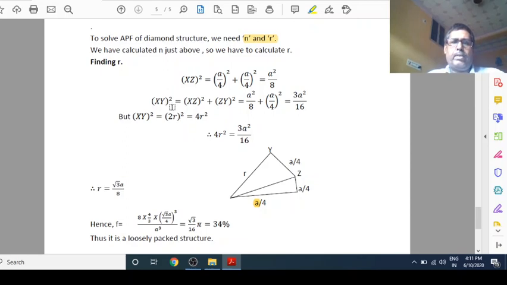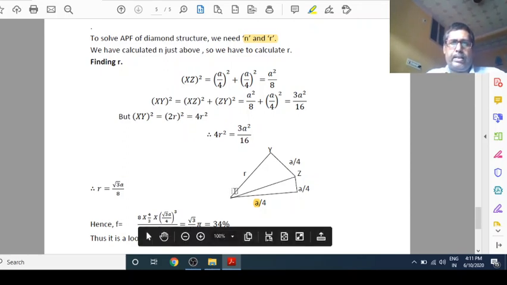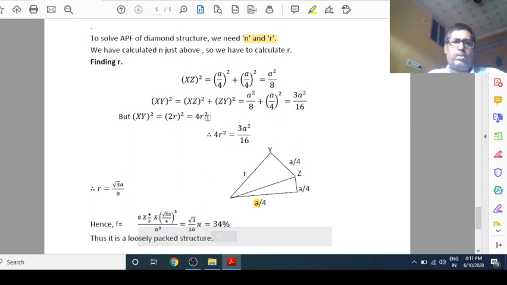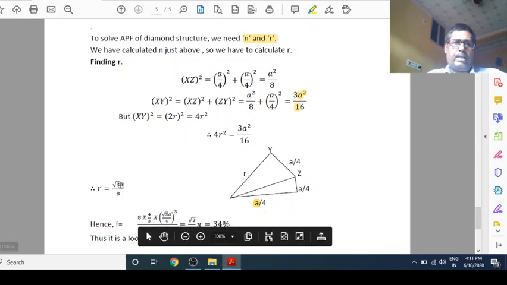Now xy whole square is equal to xy square, yz square plus xz square. So on putting the value, we get xy whole square is equal to 2r whole square, 4r square is equal to 3a square by 16. Okay, so r is equal to root 3a by 8.